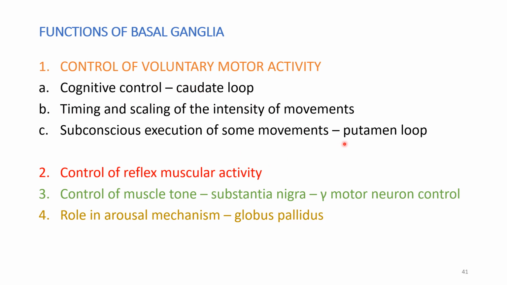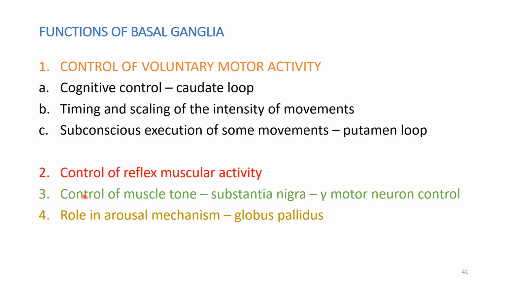This is C for C, cognitive control by the caudate loop. The putamen loop is involved in the subconscious execution of some movements, and these loops are also doing timing and scaling of the intensity of movements. Through the indirect loop, they are inhibiting the unwanted movement.